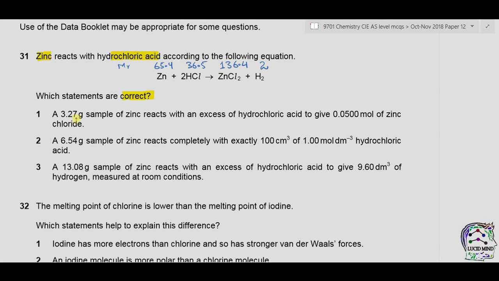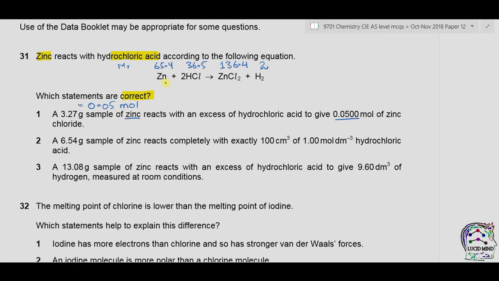Part 1. A 3.27 grams sample of zinc reacts with an excess of hydrochloric acid to give 0.0500 moles of zinc chloride. Let's find out the number of moles from this mass, as moles is equal to mass in grams divided by molecular mass, or atomic mass in this case. So 3.27 grams divided by 65.4 comes equal to 0.05 moles of zinc.